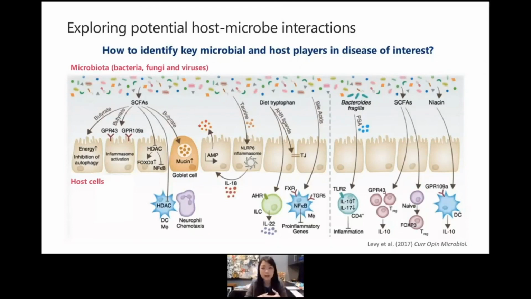How do we really identify the key culprit that affects the disease progression? And at the same time, we also need to consider which host cells are actually responding to these microbial members of the gut and actually precipitate the progression of disease.